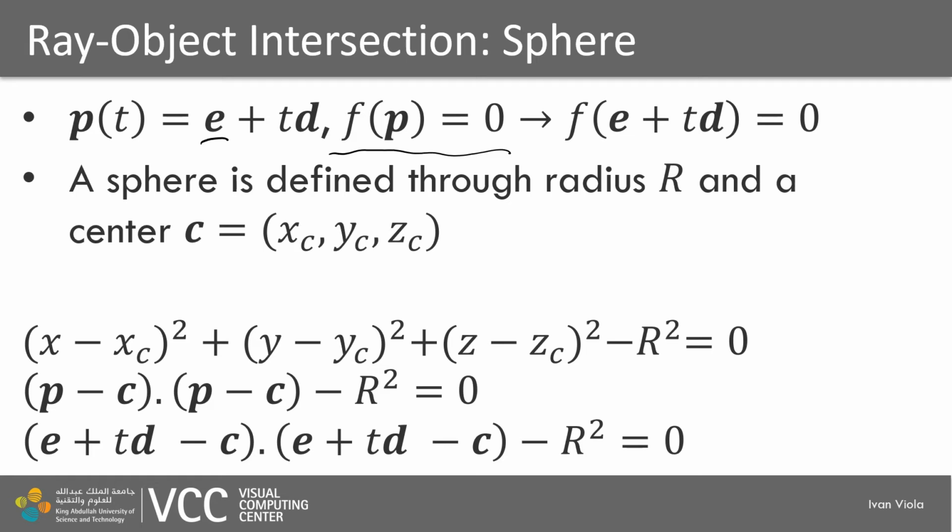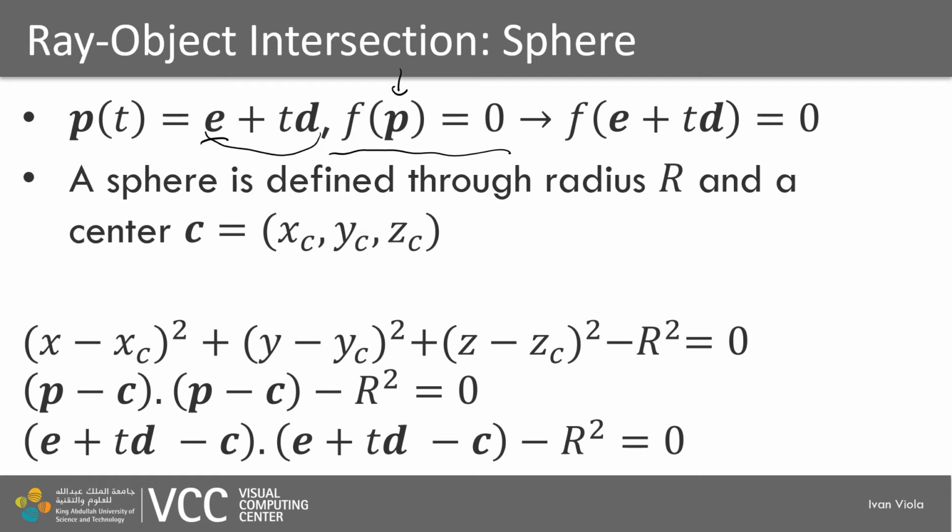Every time we have an implicit definition of an object in the scene, what we can simply do, for the point in the scene which we are evaluating as to whether it is equal to 0 in this function, which means that it's on the surface of a particular geometric object, is enter our point from the parametric line.